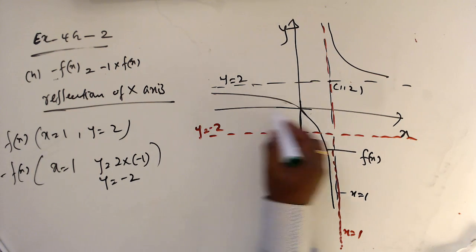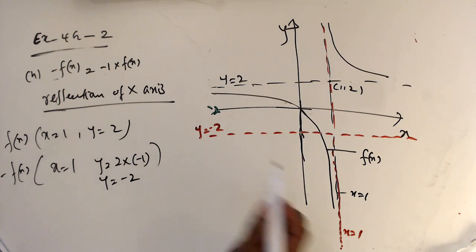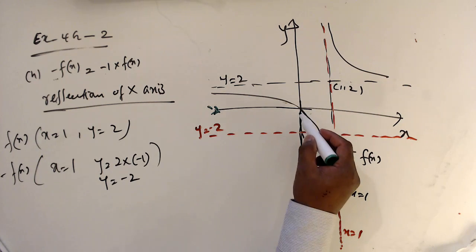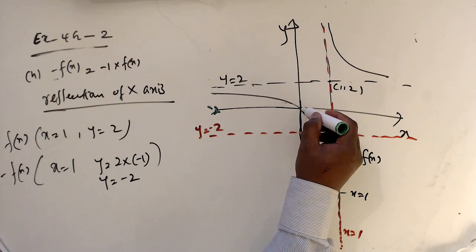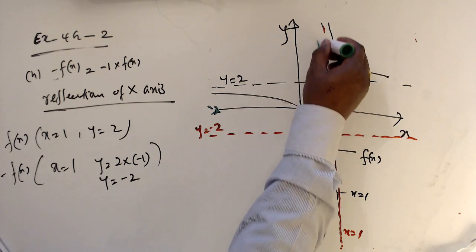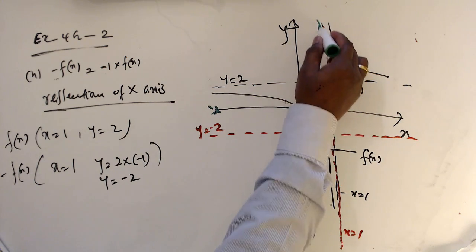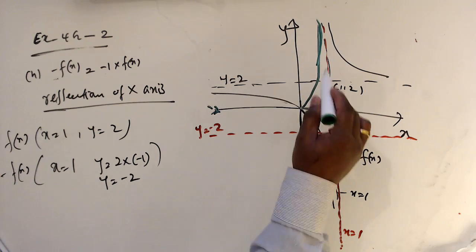Now we'll use this x-axis as a mirror and see what is happening. If this is the mirror, this part is going to be like this. This part is going to be like this.